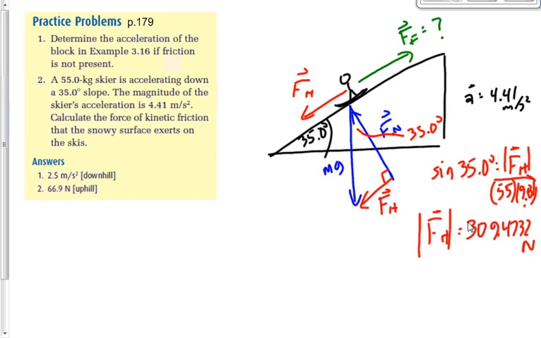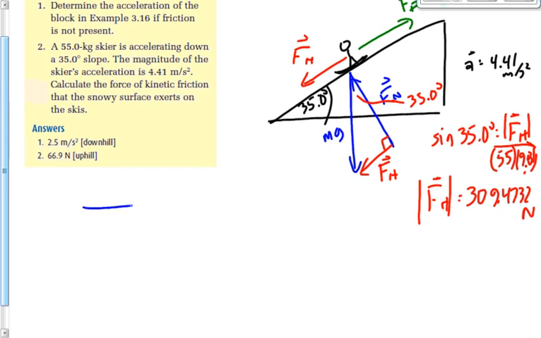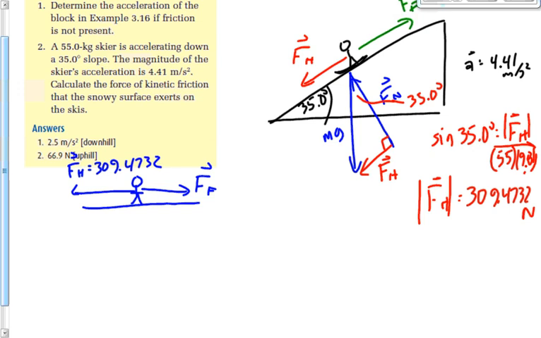Let's redraw this. Remember we said yesterday we kind of like to straighten this out? Here's the skier. Here's the force of the hill that has a value of 309.4732. And here's the force of friction. We know that F net is equal to the sum of the forces, just like we've been doing for over a week now. FH plus FF.